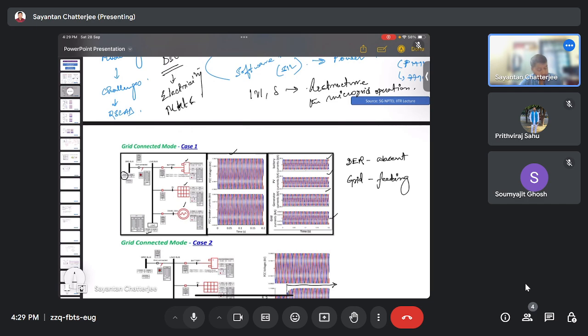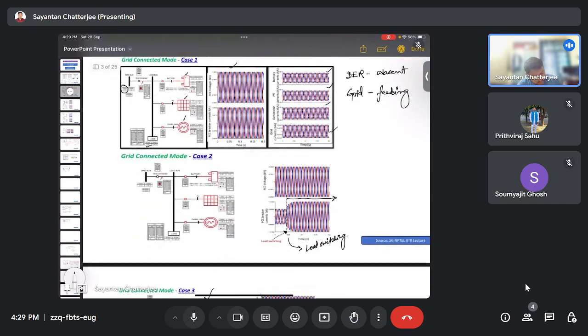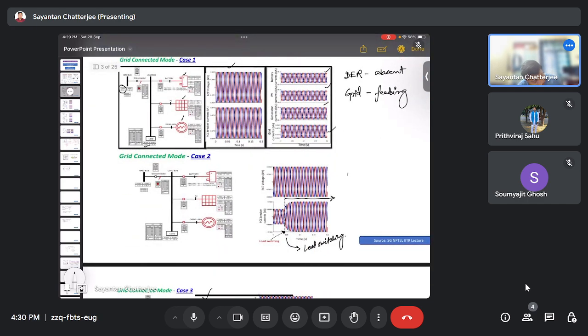Okay. In this case, DER is still disconnected.